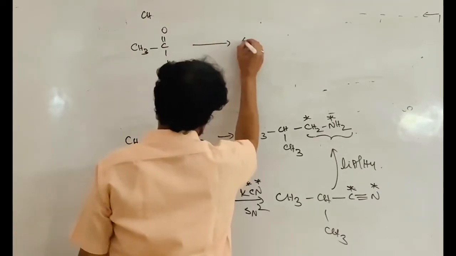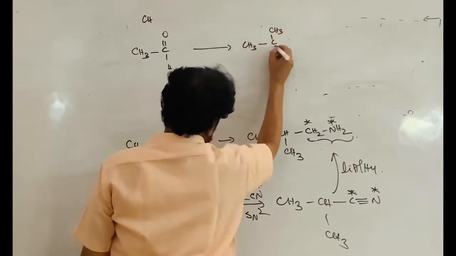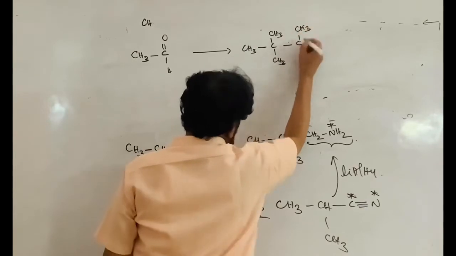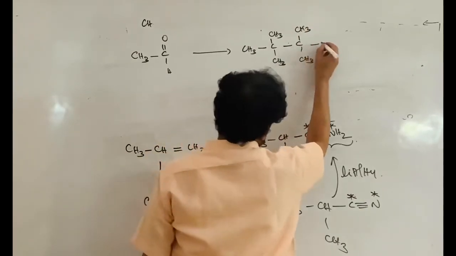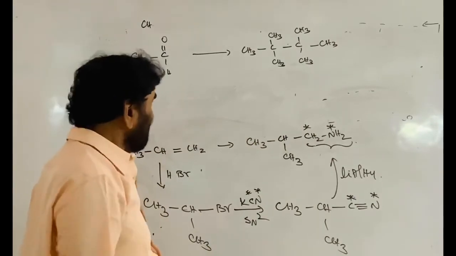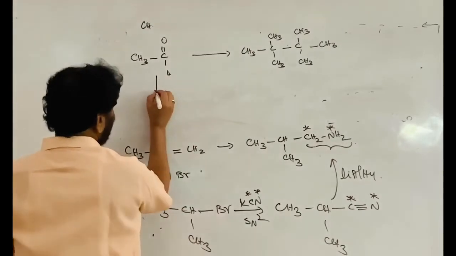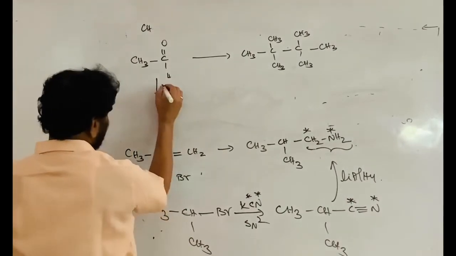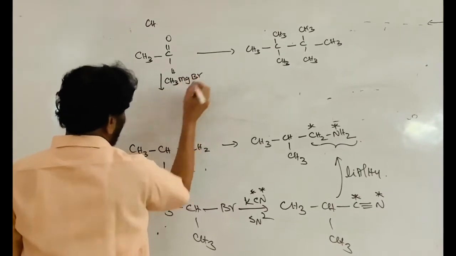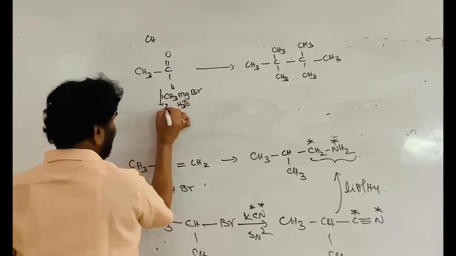It has to be converted into tetramethyl butane. See, carbon atoms are increased. So I am taking the help of the Grignard reagent, methyl magnesium bromide. Mostly today we are discussing Grignard reactions, followed by hydrolysis. First step is this, second step is this.